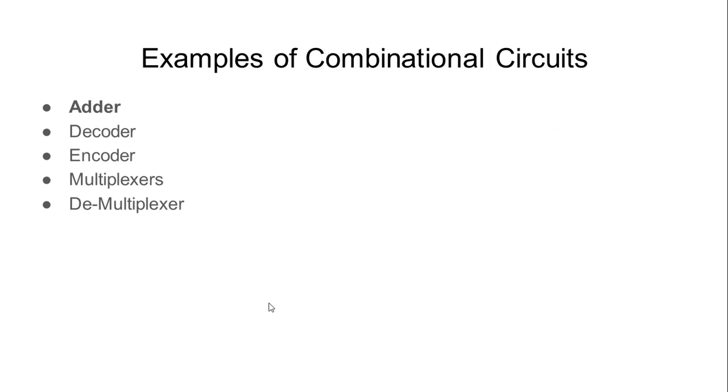Next are the examples of combinational circuits. So there are many examples. These are not limited to these five or six examples only, which I have mentioned in the slide. So you could include the adders to be part of the combinational circuit. You can include decoder, encoder, multiplexer, demultiplexer, all as a part of combinational circuits.